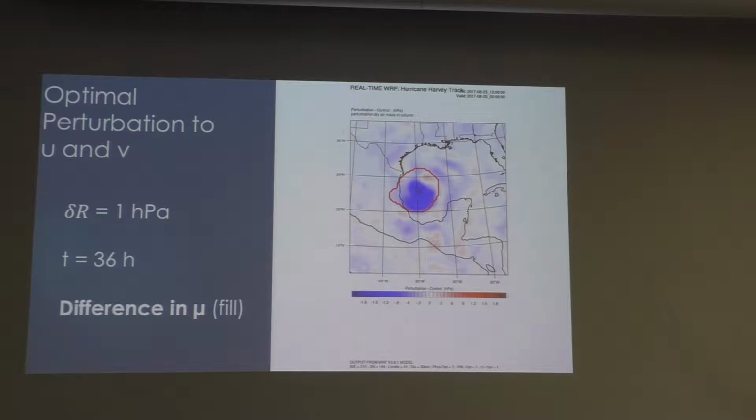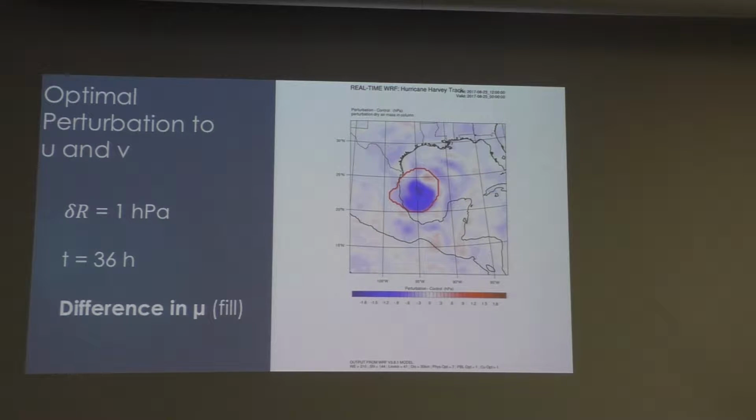So this is the difference in mu at the final forecast hour. Things to note, the sensitivities are pretty well confined within that 1004 hectopascal contour. And they're also predominantly negative, indicating that what we prescribed evolved pretty closely to how we wanted it to.